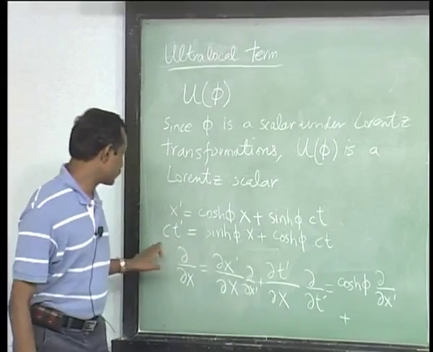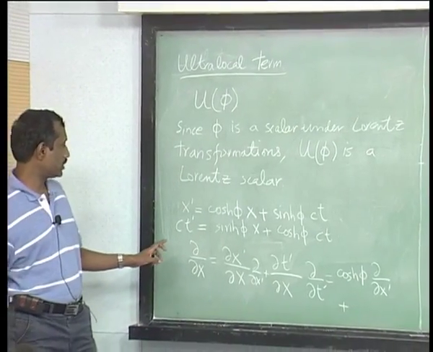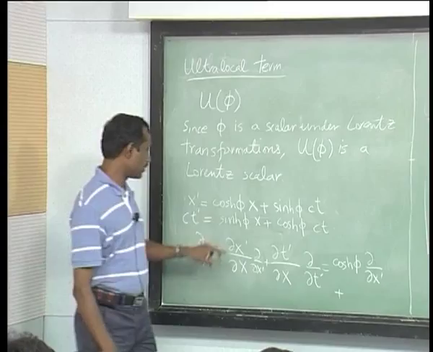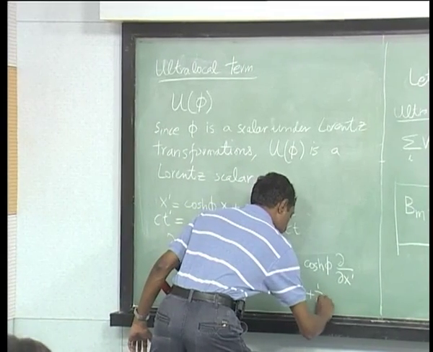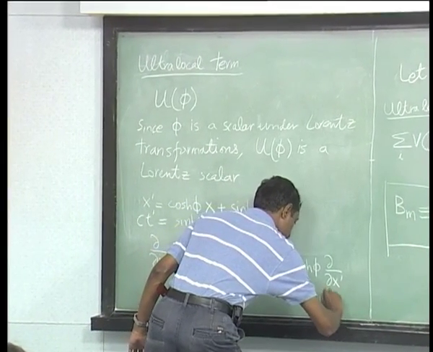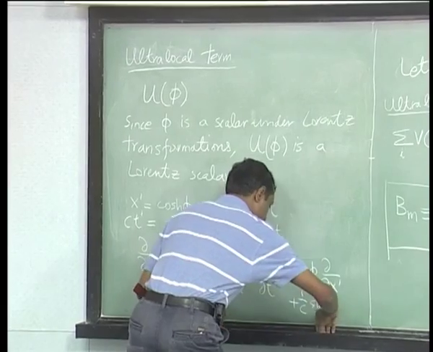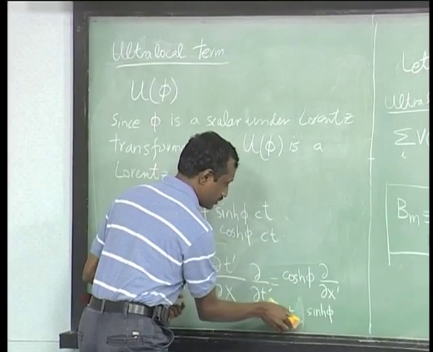Plus this should give you some sine hyperbolic with some factor of c, dt prime by dt is 1 by c. Let me shift the c to this side.